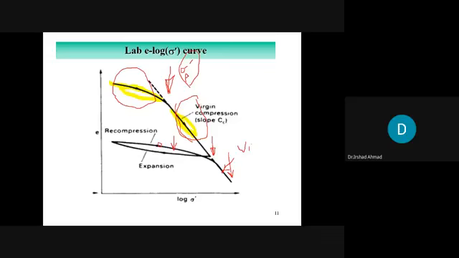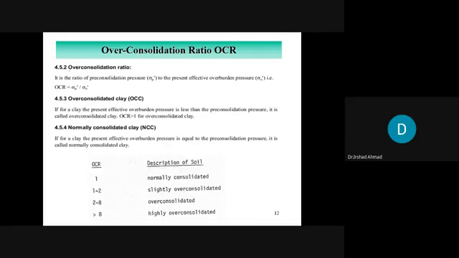So on the basis of this, we do some definitions. What is an over-consolidation ratio? It is the ratio of the maximum stress in the past divided by the current pressure. We divide by the current effective stress. For example, this is a soil specimen, right? And there was some stress in the past because of a fill material, right? So that will be sigma p prime, sigma p prime.